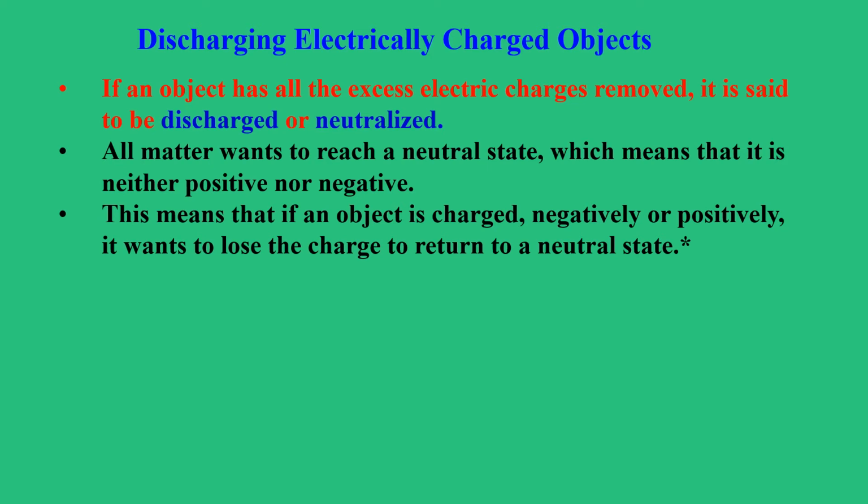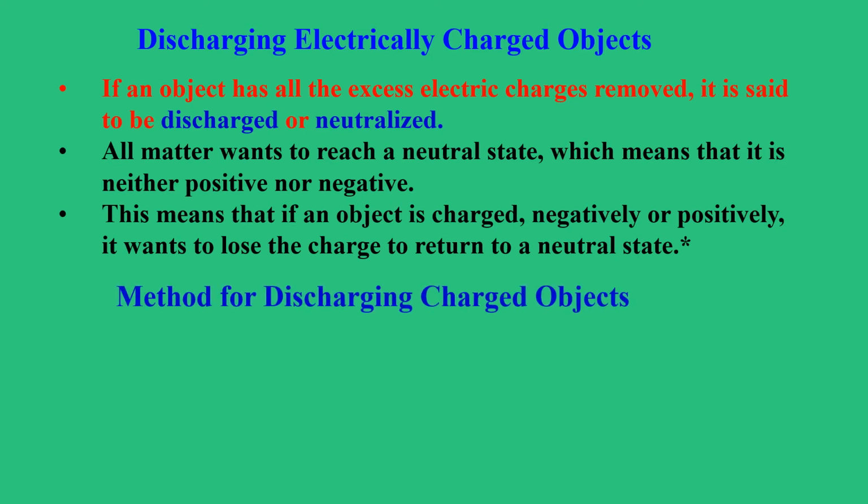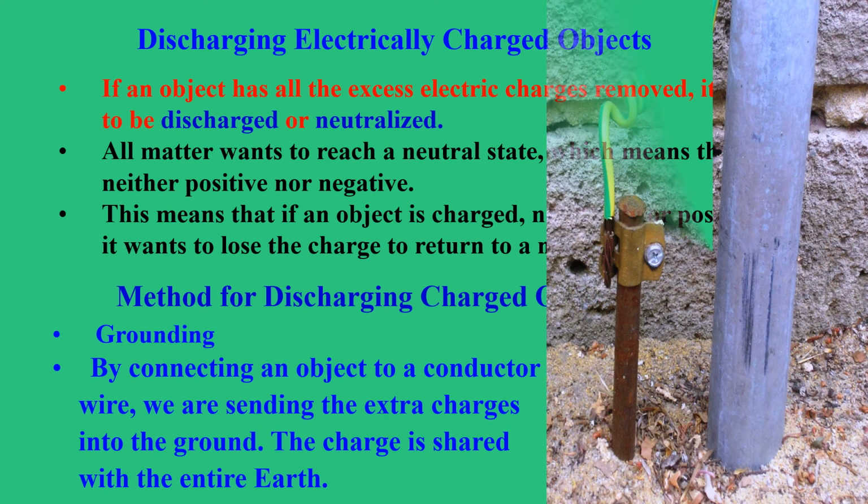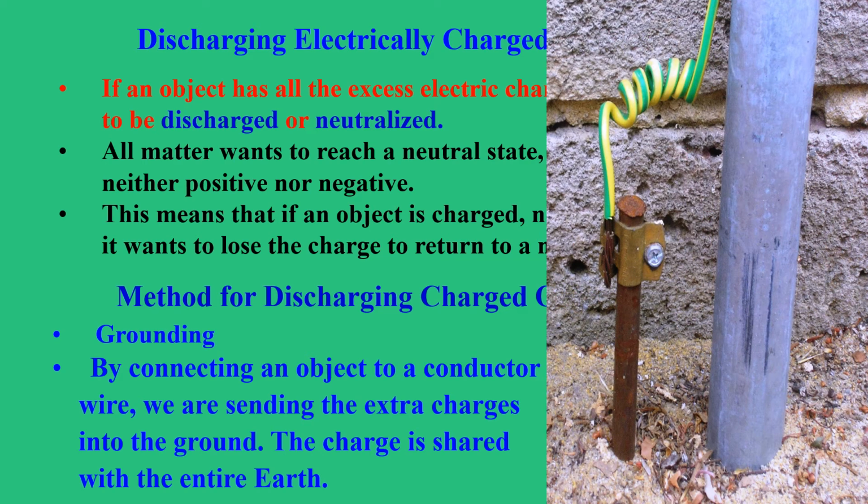This means that if an object is charged negatively or positively, it wants to lose the charge to return to a neutral state. One method for discharging charged objects is by grounding. By connecting an object to a conductor wire, we are sending the extra charges into the ground. The charge is shared with the entire Earth.